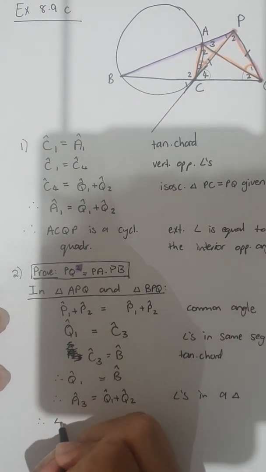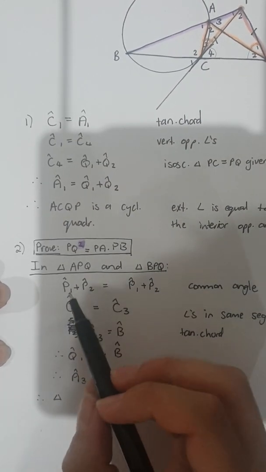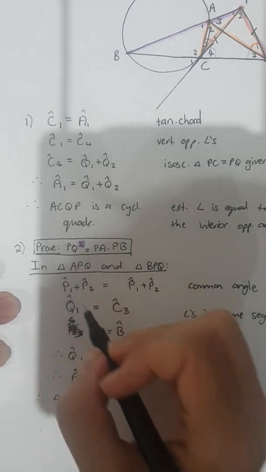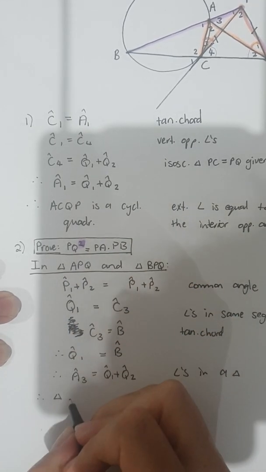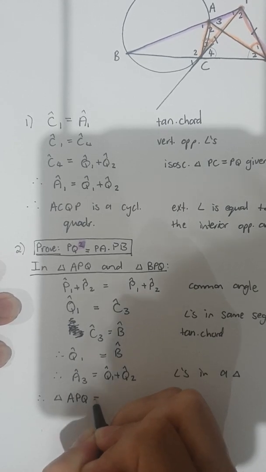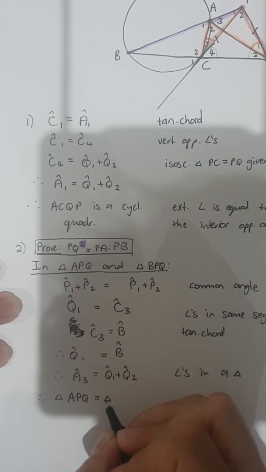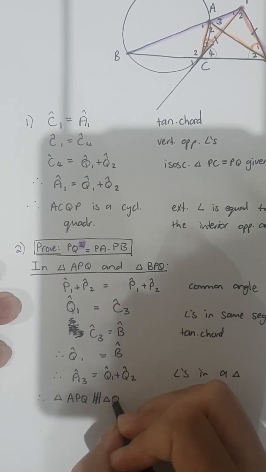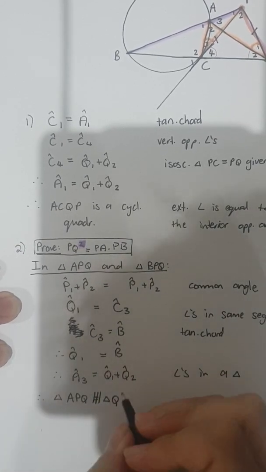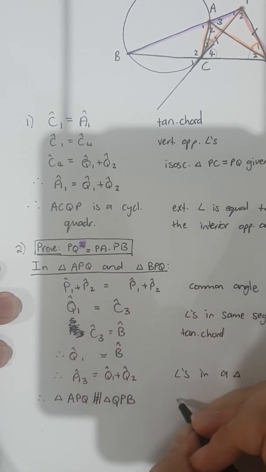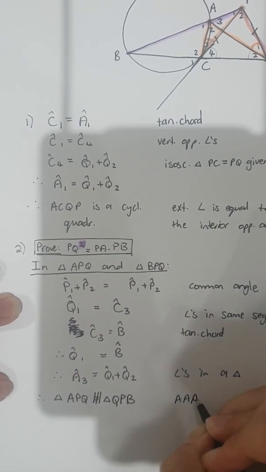So therefore, triangle, let's start with A, B, Q. A is equal to Q, B is equal to P, and then B is equal to Q there. Similar, angle, angle, angle.